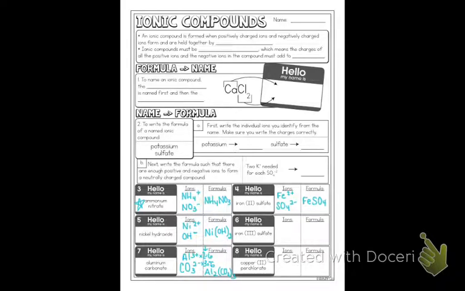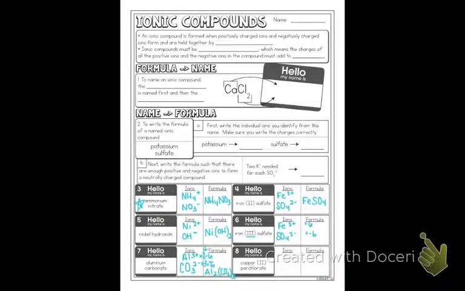Now down here, they're telling us that Fe is plus 3, because I have a Roman numeral of 3 in the name, and sulfate again is SO4 with a minus 2 charge. Now here that common number is 6 between them, so what am I going to multiply by to get the 6?